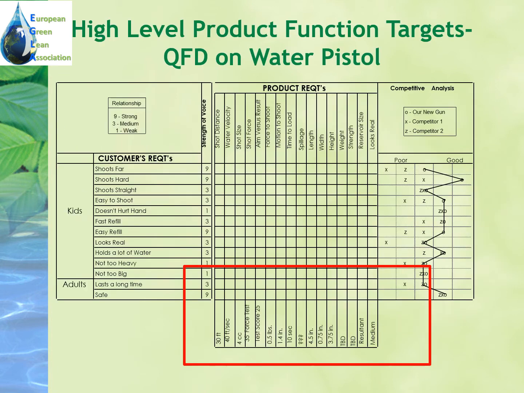That will help to really start thinking what it means in real terms of performance or cost or something that is measurable. Like in this water pistol example, you can see that there are measures like shooting far, which means the distance, and that is set to 30 feet in this case, so about 10 meters, no, 15 meters.